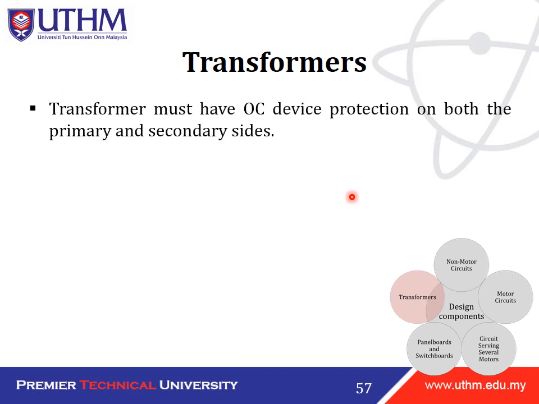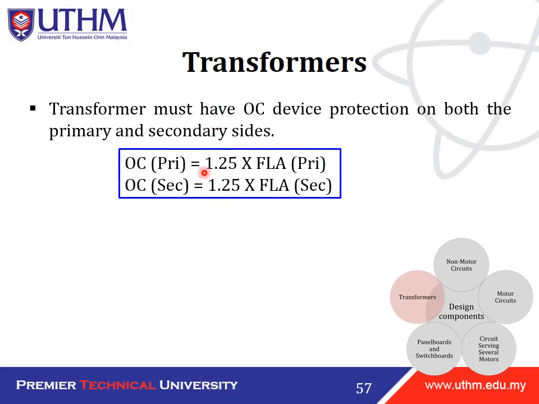Okay, now we move to the transformer. A transformer must have overcurrent device protection on both sides, which are the primary side and also the secondary side. This is the equation for the overcurrent device for both sides.